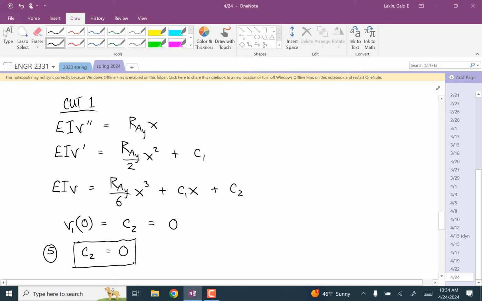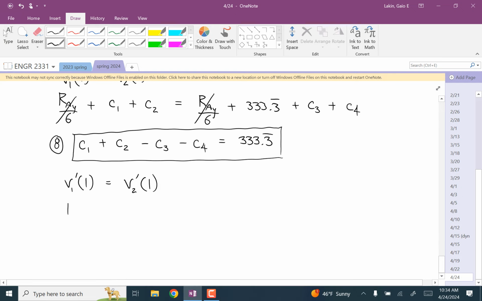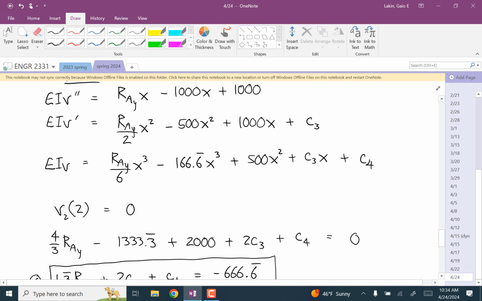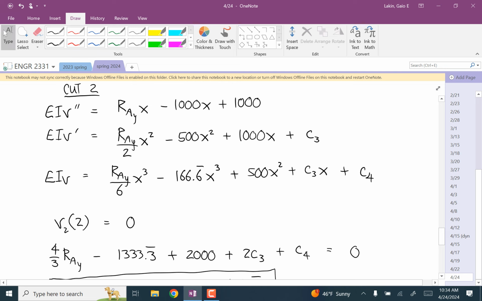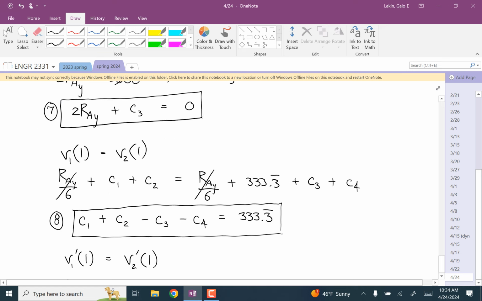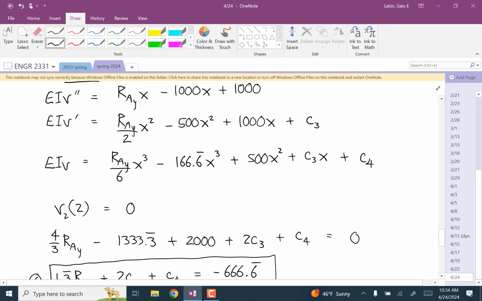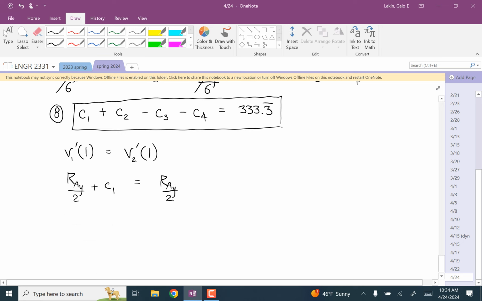So cut 1, we have RAY over 2 plus C1 is equal to, now using the second cut, RAY over 2 plus 500 plus C3.